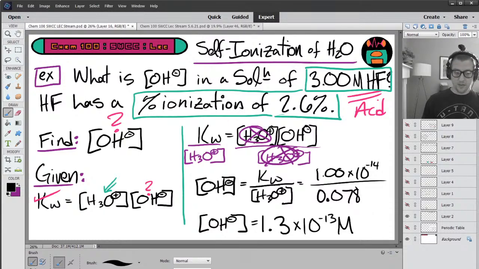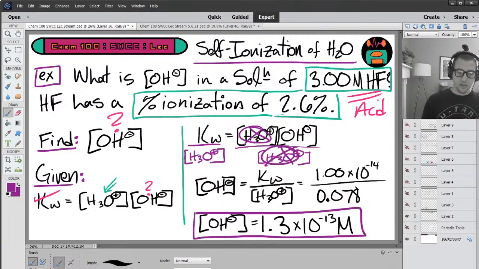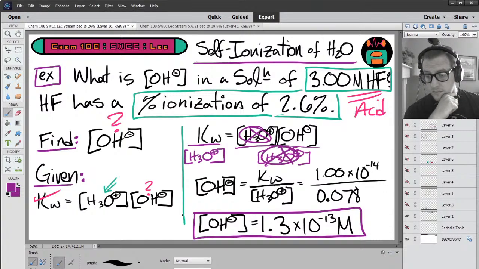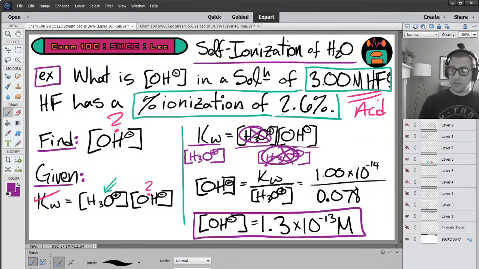Molar. That is the molarity of hydroxide in this solution. So that's how you handle a problem where they throw out percent ionization.